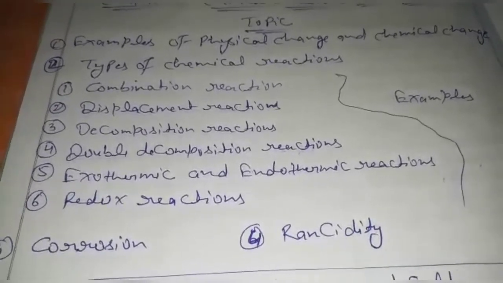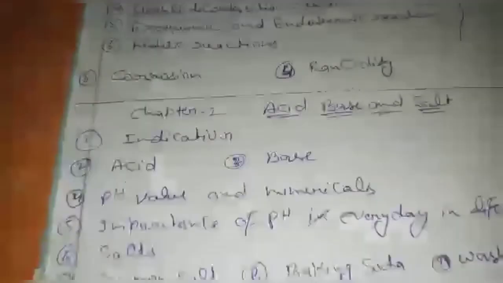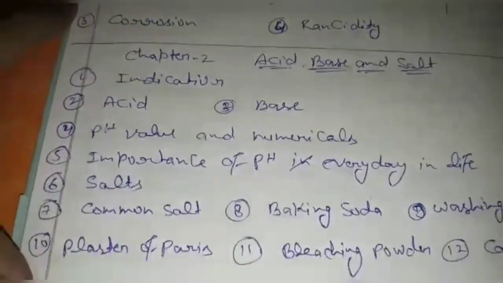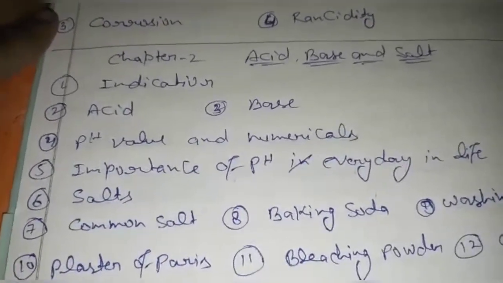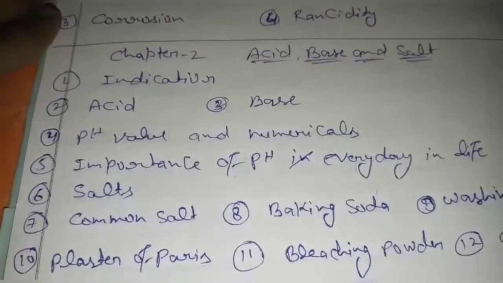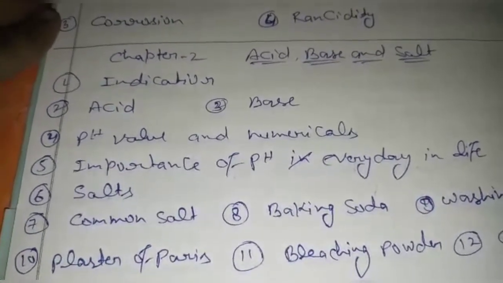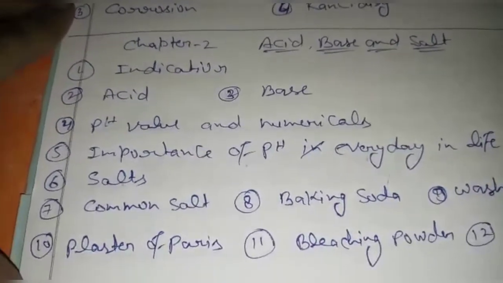Okay, our second chapter is acid, base, and salt. So these are the topics: indicators with example, types of indicators such as natural indicator, synthetic indicator, olfactory indicator, and universal indicator with example.